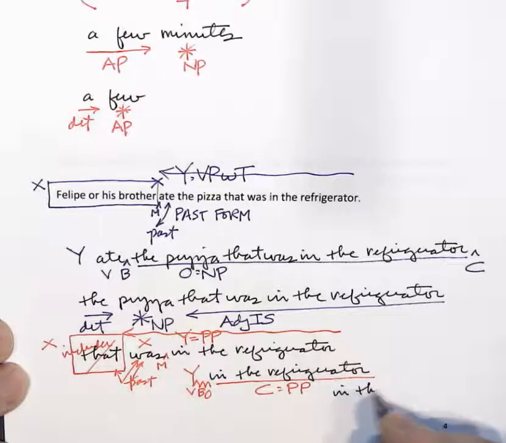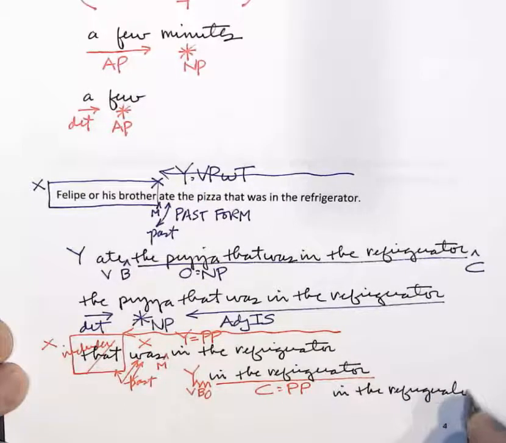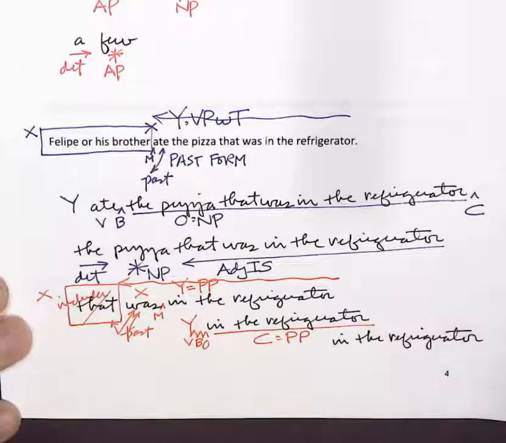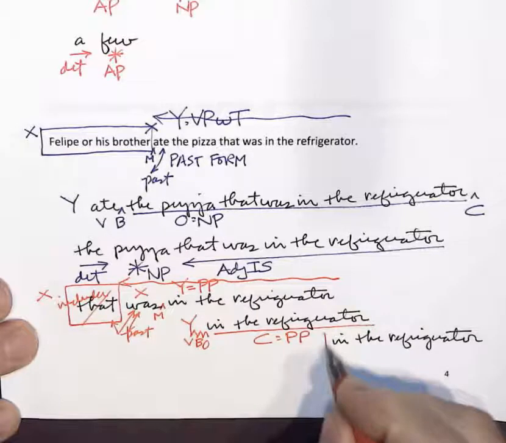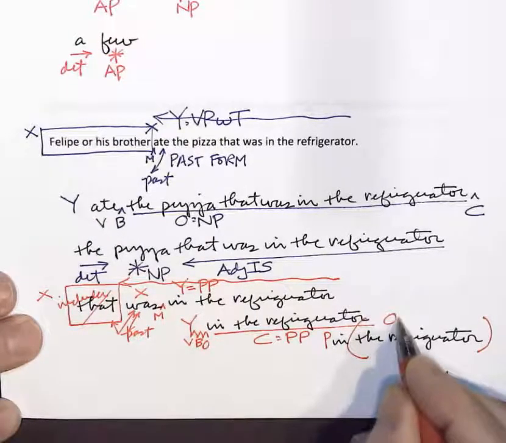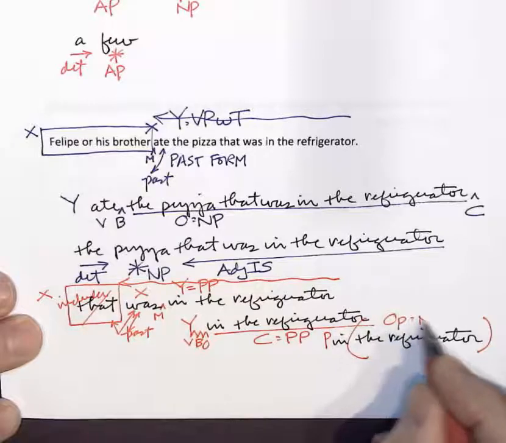In the refrigerator, make a little more room for ourselves. So the preposition is in. The refrigerator is the object of the preposition. It's a noun phrase.